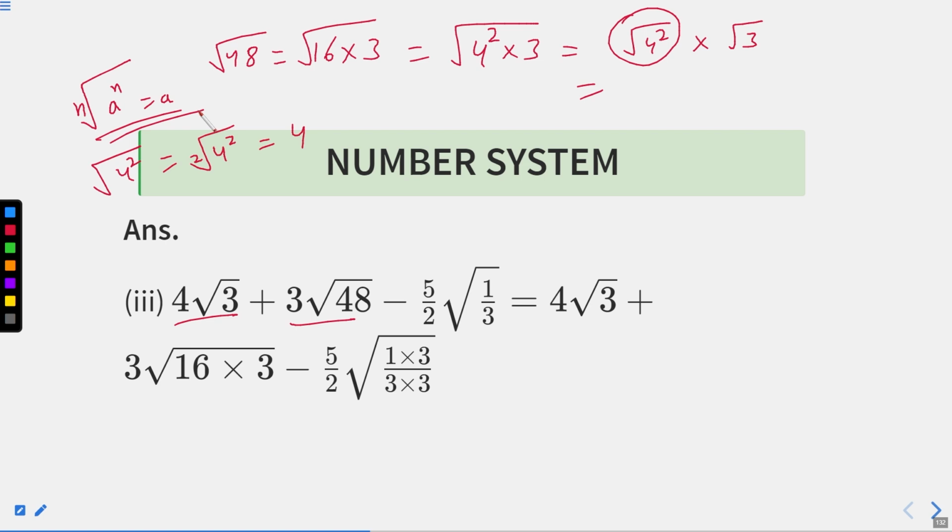From this property, I can write 4 root 3. So this is 4 root 3. This is also 4 root 3.